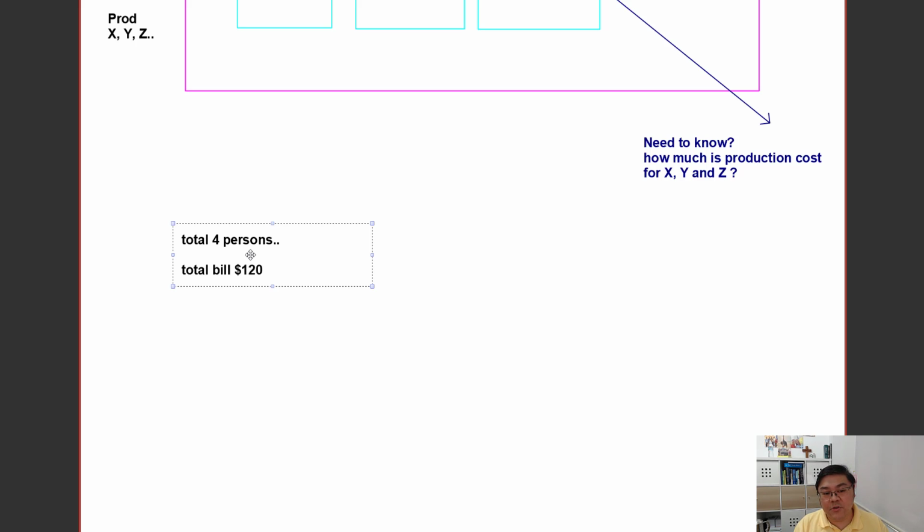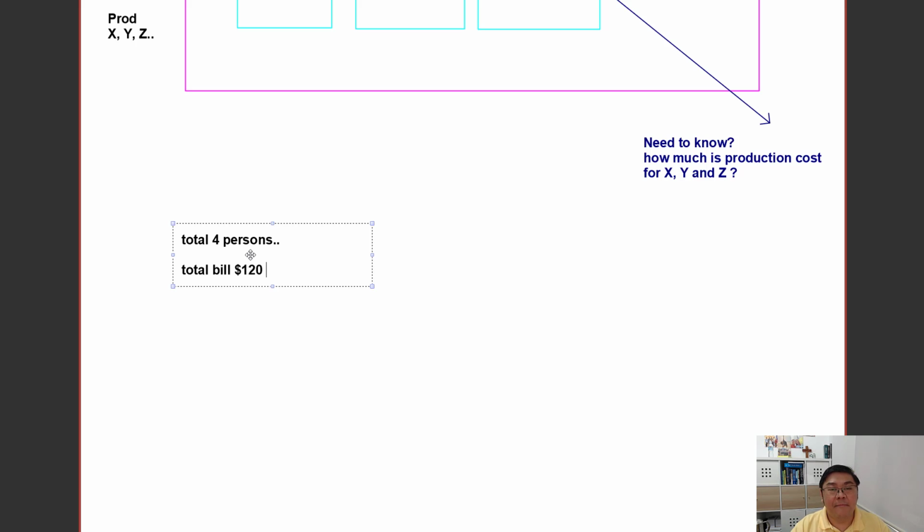Now, how much do you think each person will have to foot? Some of you will say it's easy. Since most of us eat more or less the same thing, we all order one set meal, one drink, let's just divide it by 4. That means you believe the factor to apportion the cost is the number of persons.